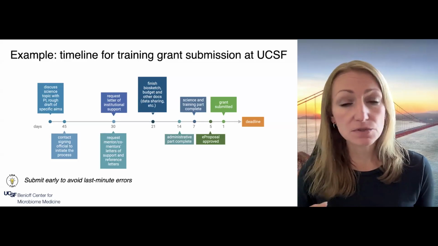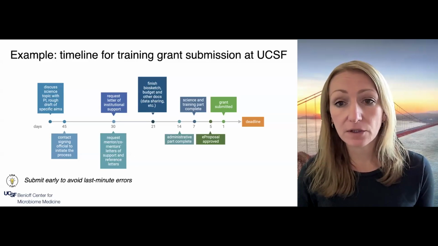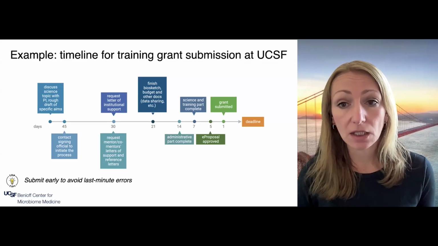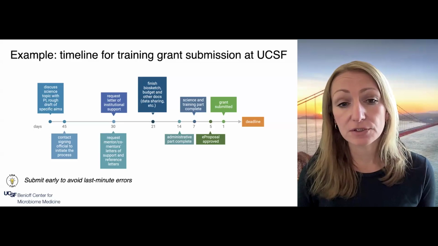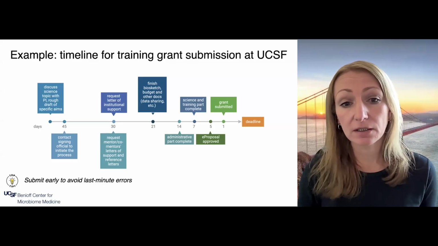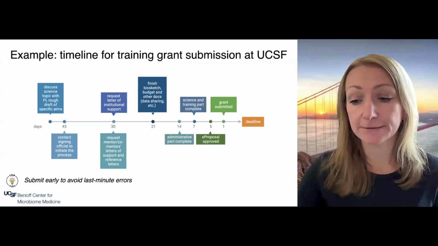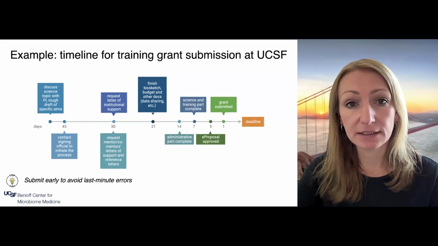And if there is some sort of error that is found, then these documents will bounce back with an error message. And this needs to be fixed before the deadline. Your application needs to be error-free by 5 p.m. on the deadline day.